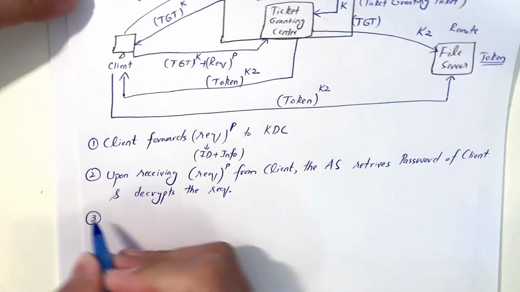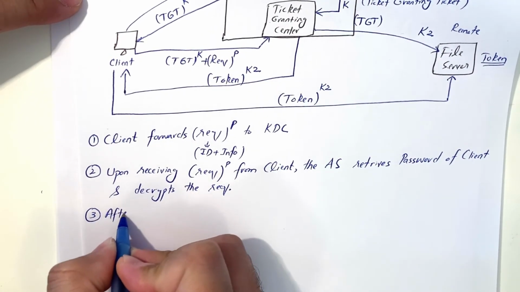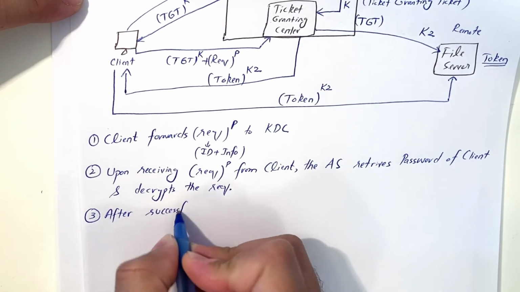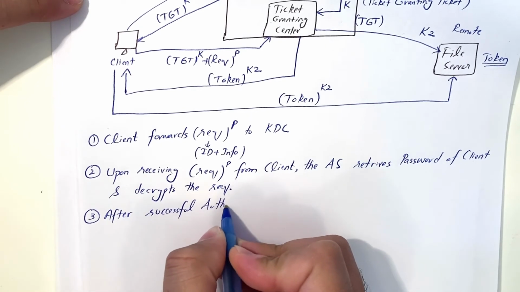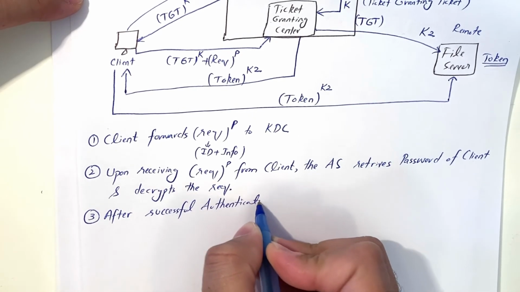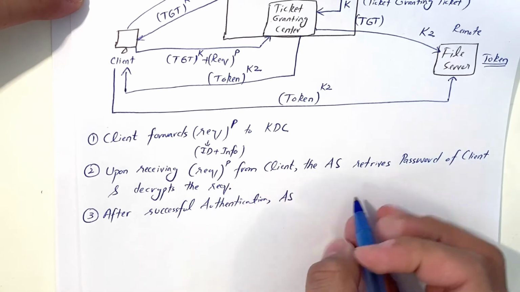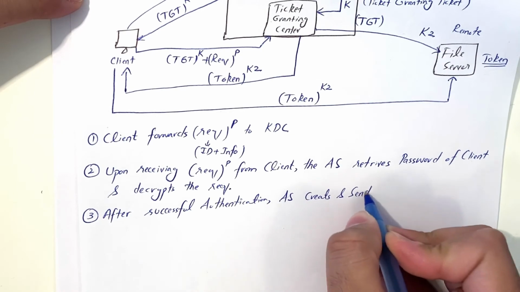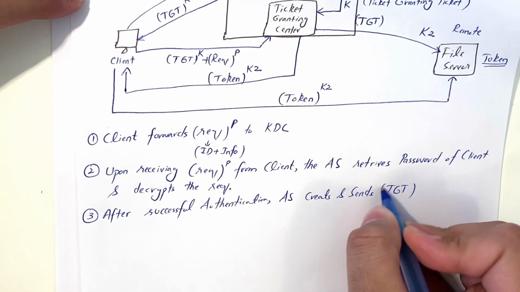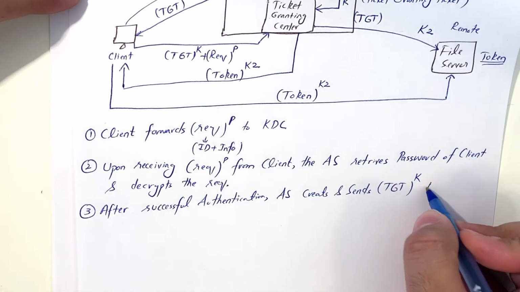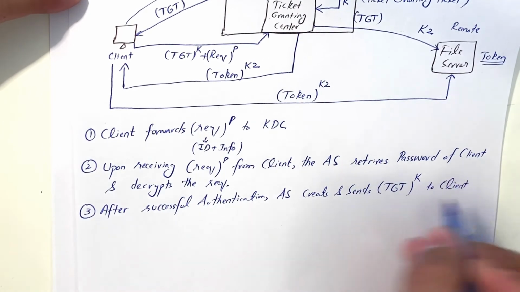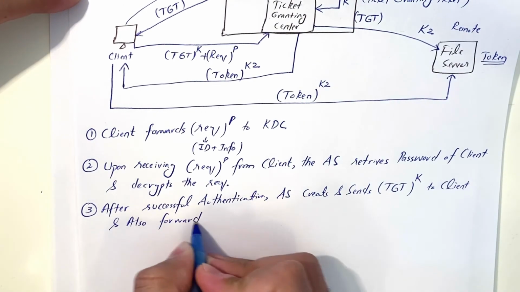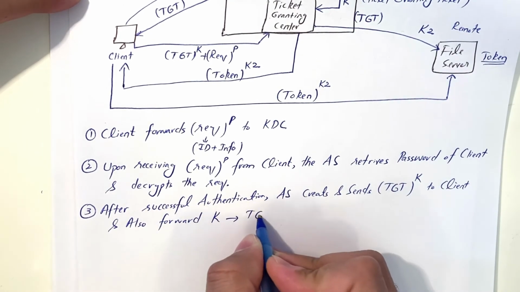Third step is then, after successful authentication, the server will create and send the TGT, which is fully encrypted with the key, to the client, and also forward the key to the TGC, ticket granting center.